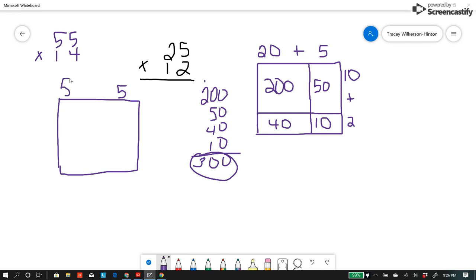So you want to draw or write them as far from each other as you can, so that when you get ready to make your lines for your area, the spaces kind of represent what the numbers would be. So this one you will put the 10 here, and then you'll put the 4 down here.